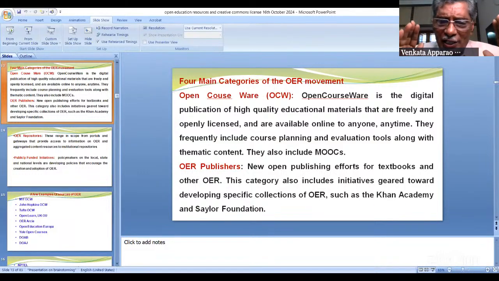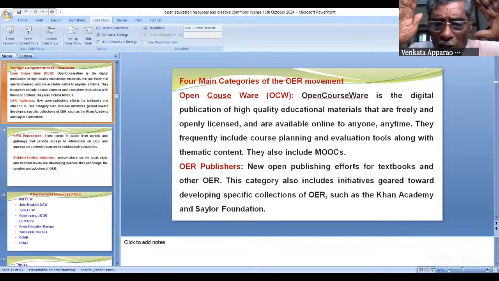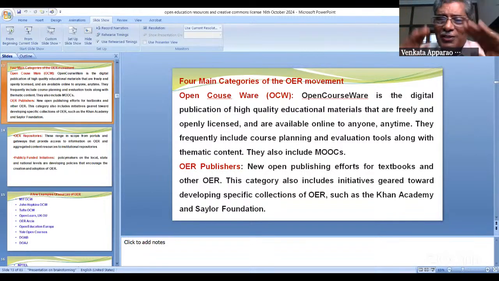They frequently include course planning and evaluation tools, along with the thematic content. These are open courseware content. They also include MOOCs, massive open online courses.